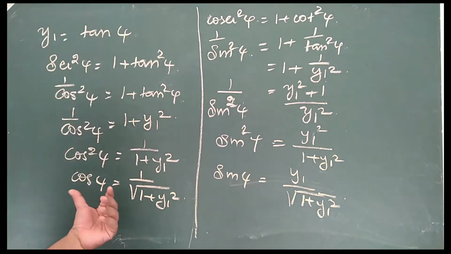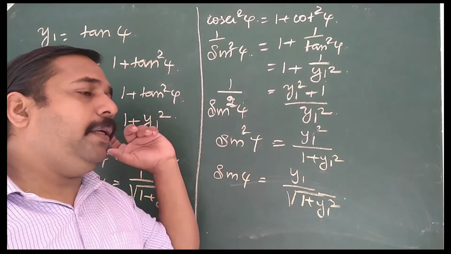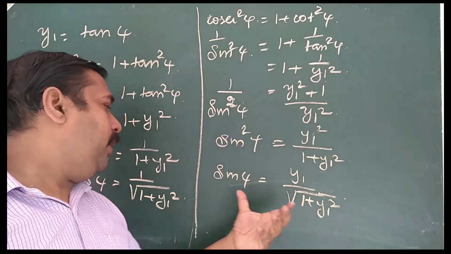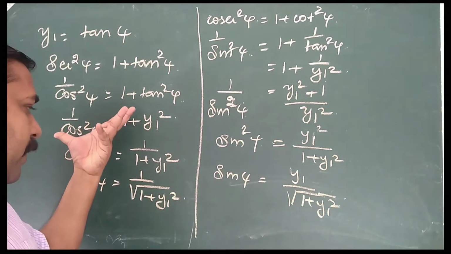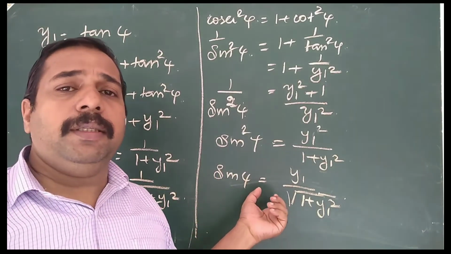Now we can substitute these values of cos psi and sin psi in that equation. We can get all the terms in terms of y1 and y2, where y1 is the first derivative and y2 is the second derivative.